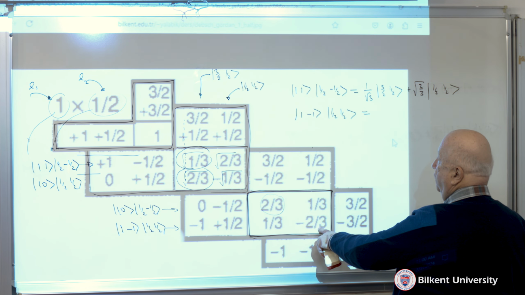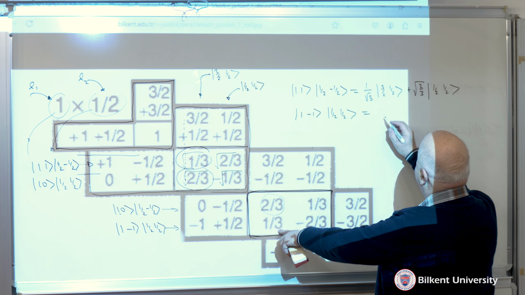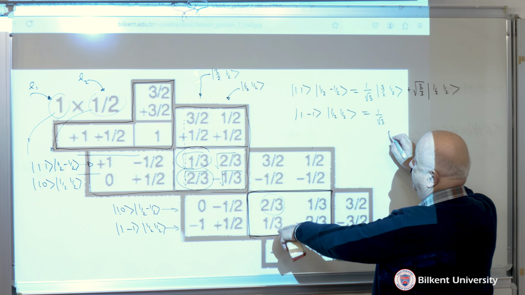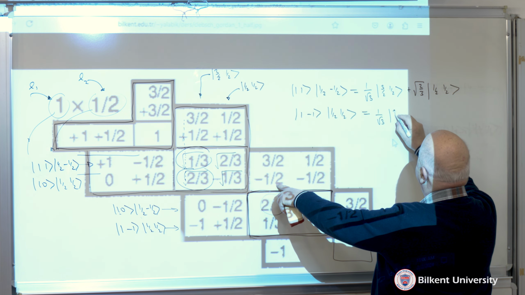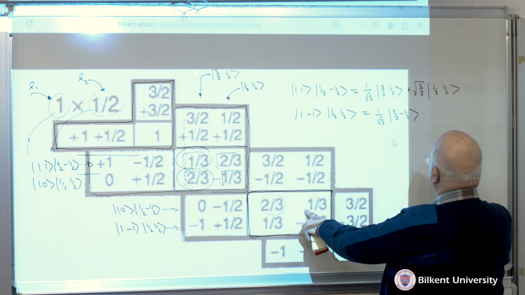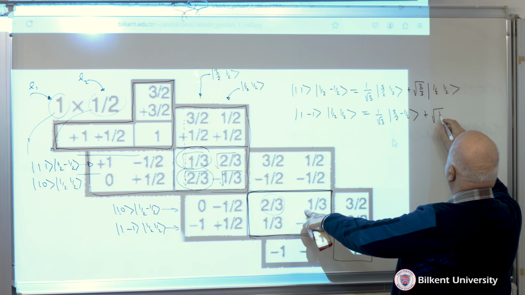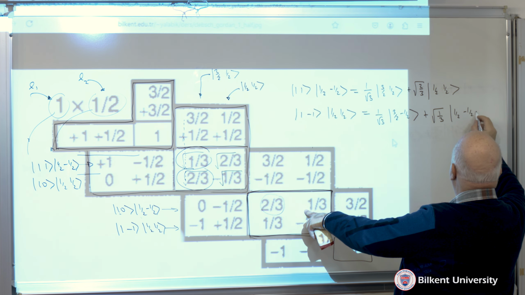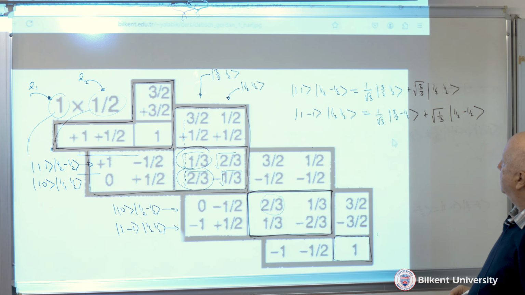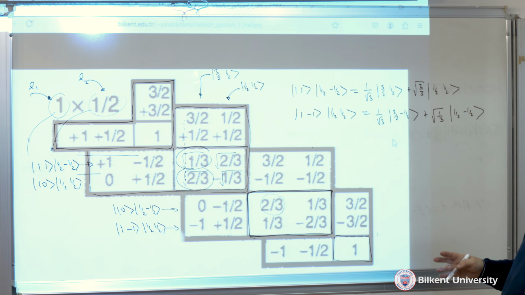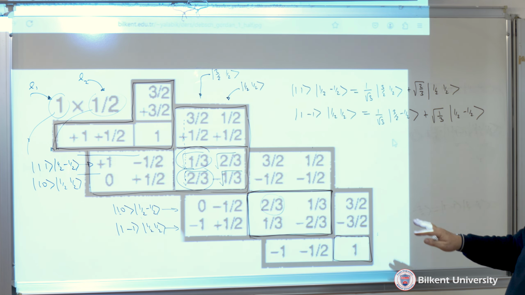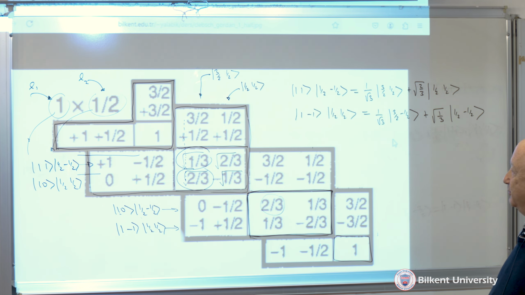The coefficients are over here: 1 over root 3 of this thing, 3/2, -1/2, plus square root of 2 over 3, 1/2, -1/2. So there is a set of useful tables, so you don't have to calculate these coefficients, except you have to find a way to use the table without making mistakes.